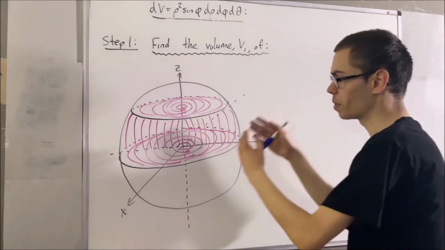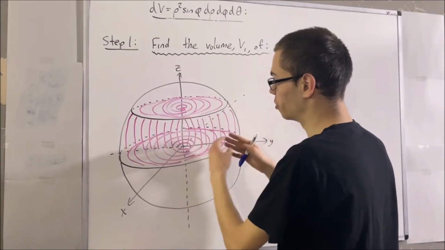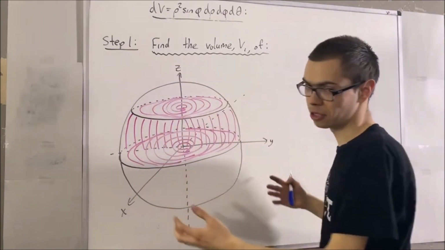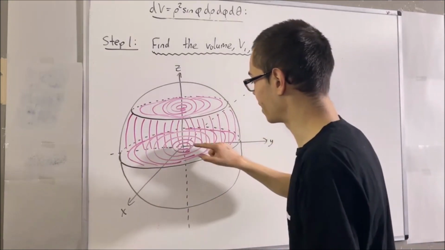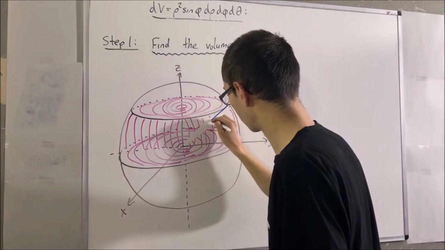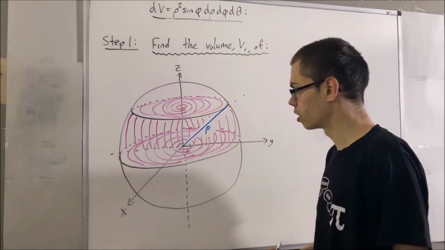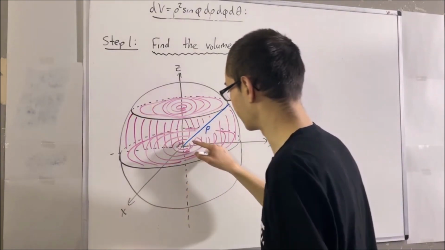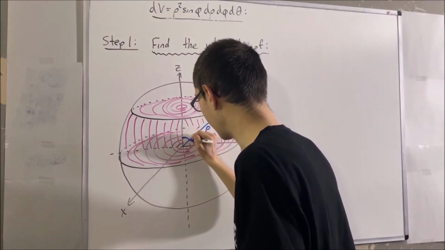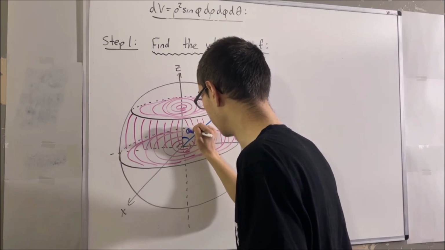Well, in order to determine the volume of the pink region, we have to give this sphere some parameters. Like, for instance, what's the radius of this sphere? Well, let's say that the radius of this sphere is rho. We're also going to say that the angle forming this line of latitude, that is this angle right here, is phi.